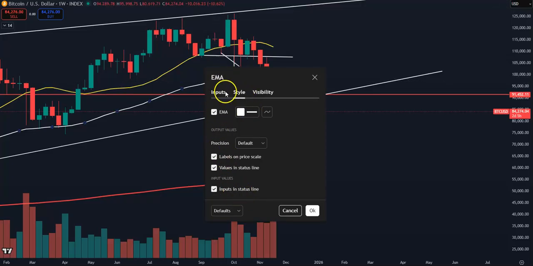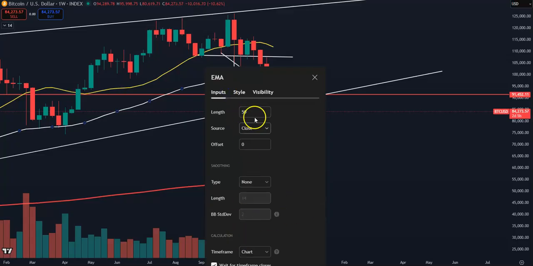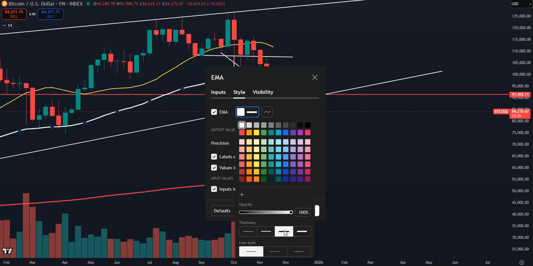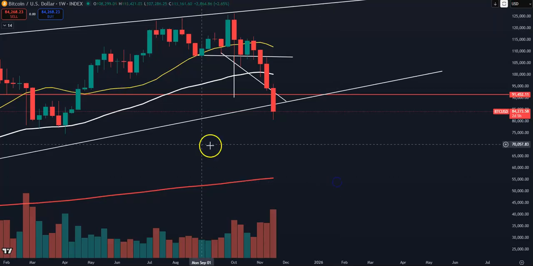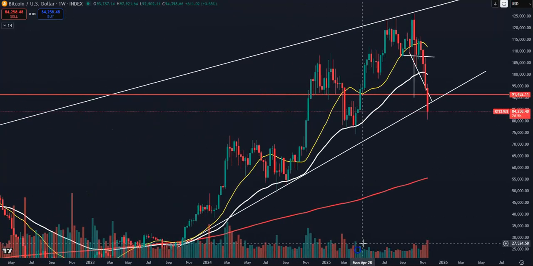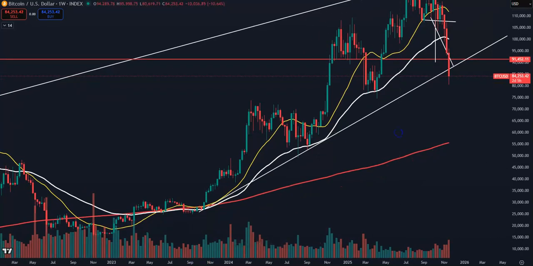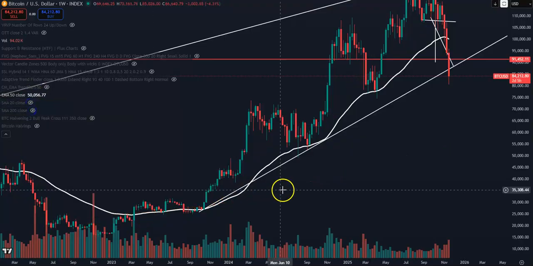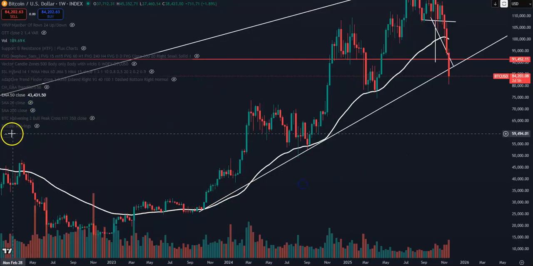And this is the 50 moving average right here. And you'll see that I have 50 right there. I want to make this line a little bit thicker. But whatever happens, Bitcoin has to trade above the 50 in order to continue to be bullish. Now, let me hide the 20 and the 200 for now.